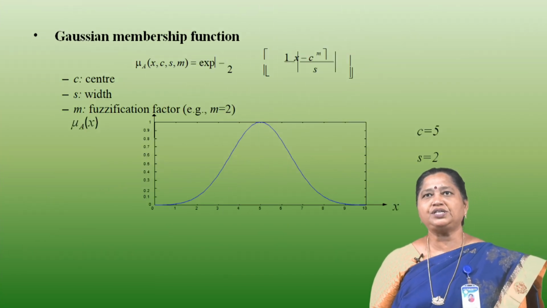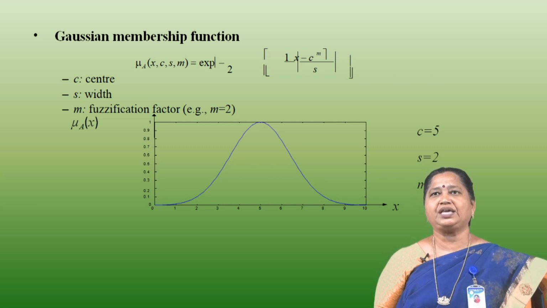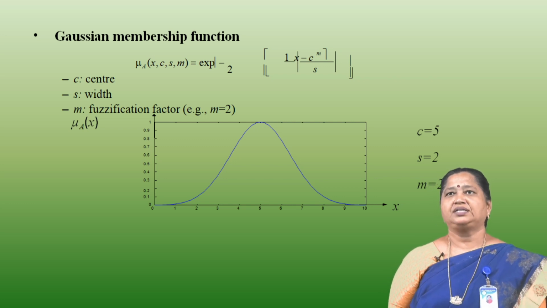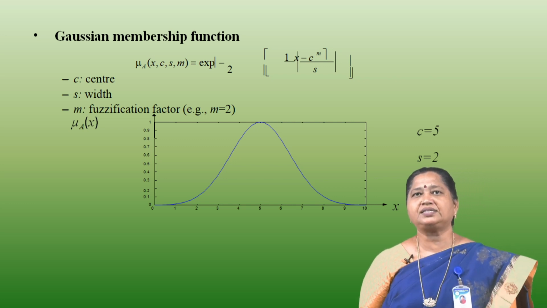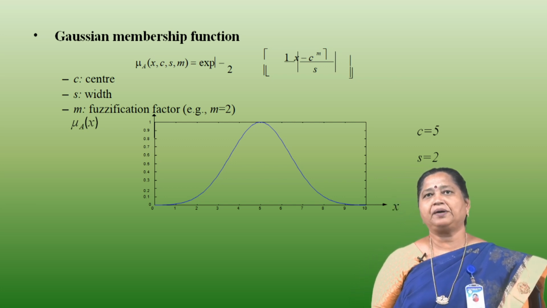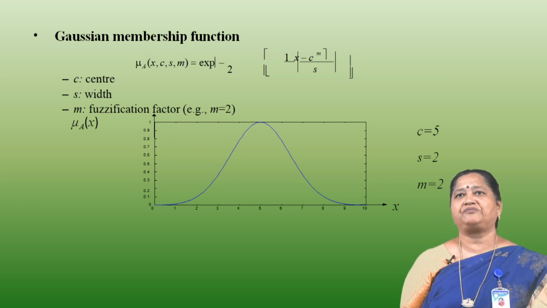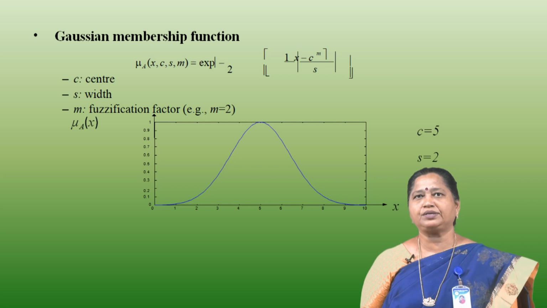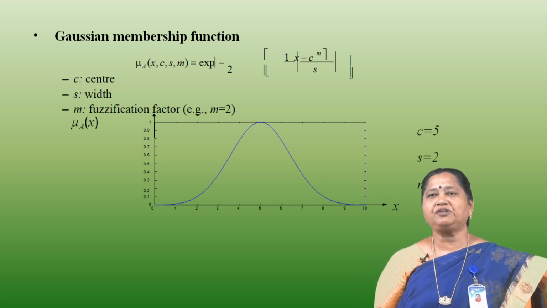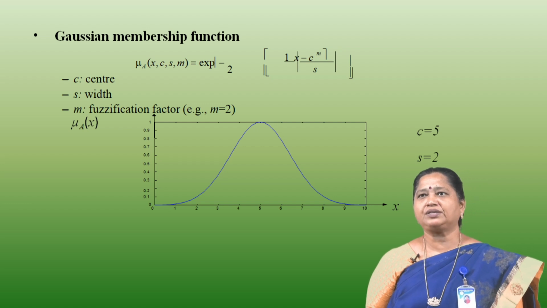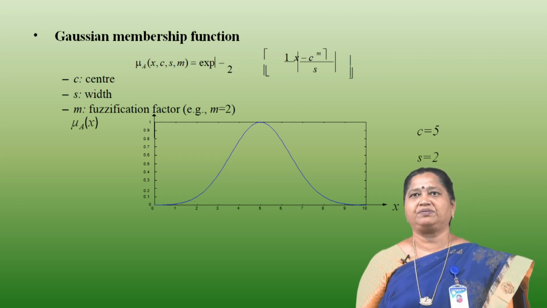The next is the Gaussian membership function, that is mu A of x equals the exponential of the given expression, where c is the center, s is the width, and m is the specification factor. For example, we will be taking m equal to 2. The membership grade figures are given: m equal to 2, s equal to 2, and c equal to 5.